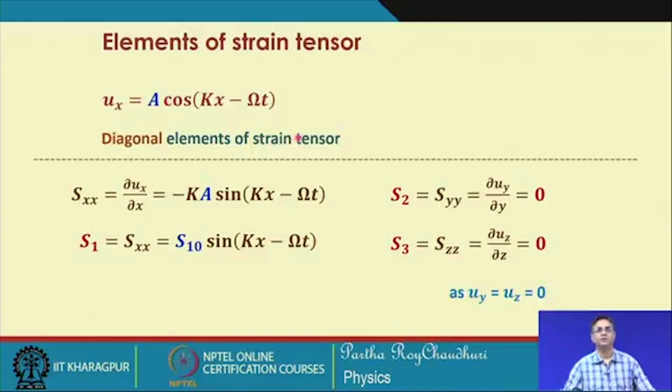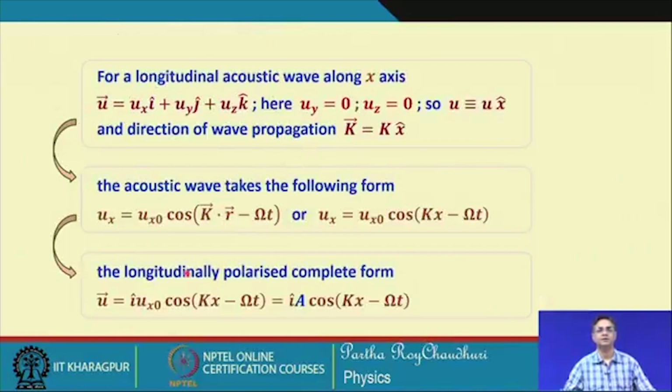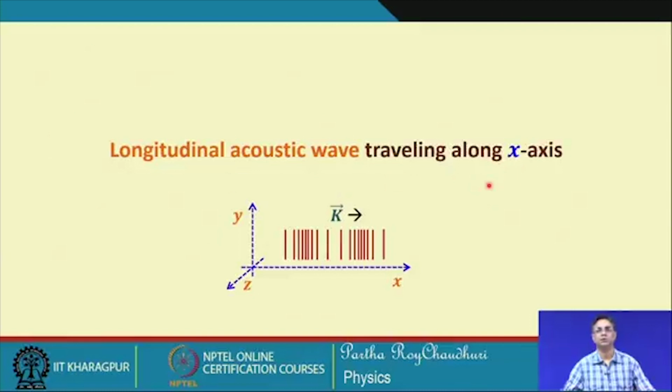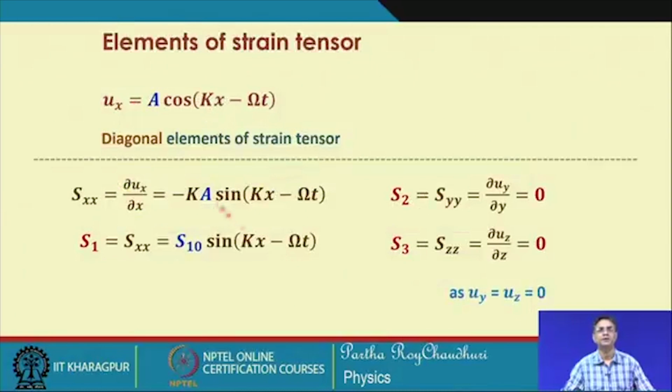The diagonal elements of the strain for this case, because we are now considering the wave propagating along the x axis, will create only S1, that is S xx, the tensile strain element, and u x will be represented by this. The diagonal element of the strain tensor S xx is equal to del u x by del x. So I just have to take the differentiation of this with respect to x, which will give me this form.